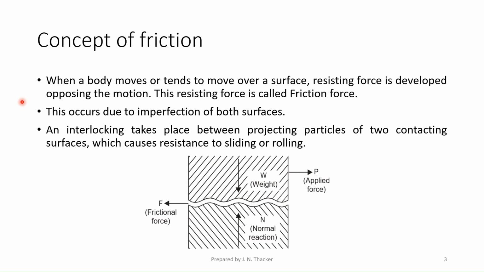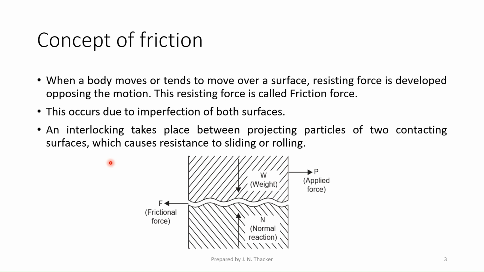Now this occurs due to imperfection of both surfaces. However smooth the surface may appear, there are always some imperfections on the surface, and there are some projecting particles also. So, an interlocking takes place between projecting particles of two surfaces, which causes resistance to sliding or rolling.